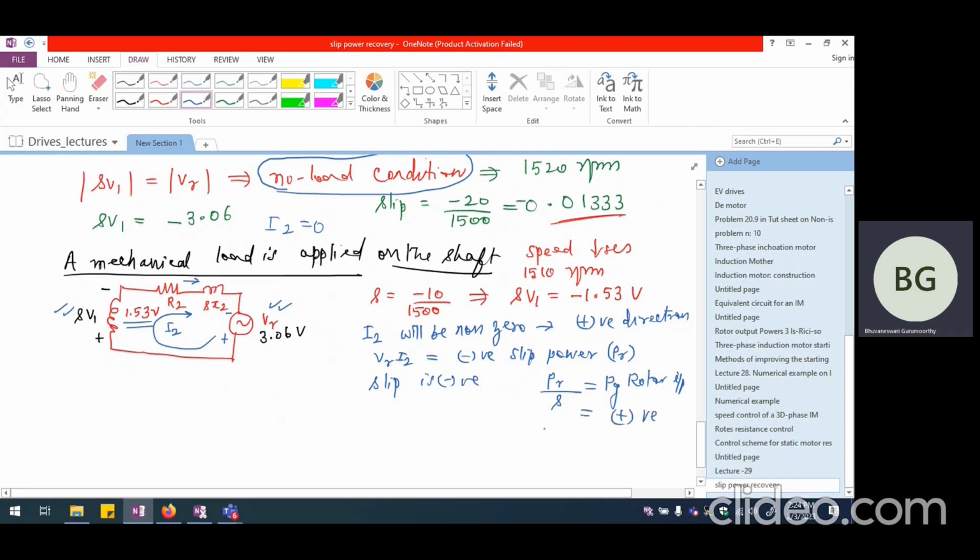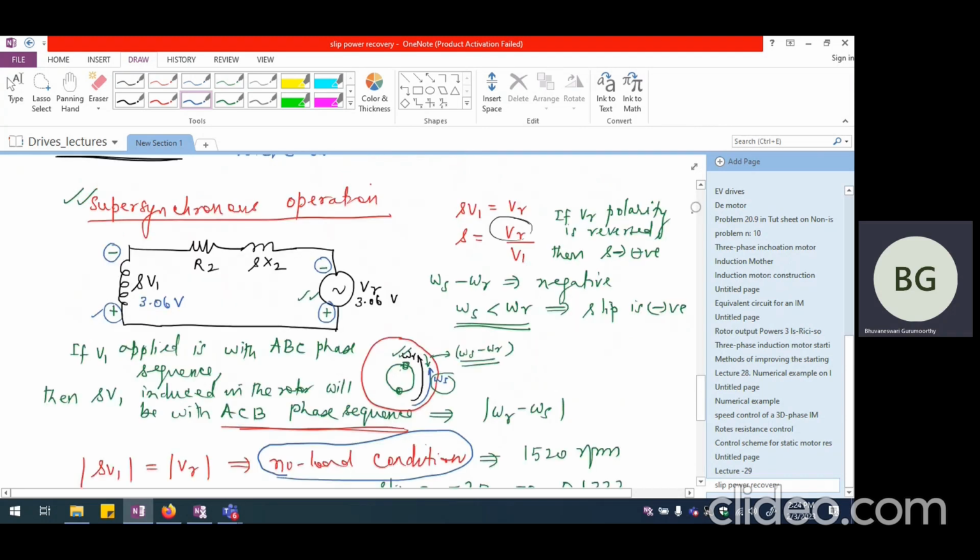The rotor input will be positive. And if I look at the current, I2 is positive, so I am going to have the mechanical power drawn from the motor or from the shaft. So PM is also positive.